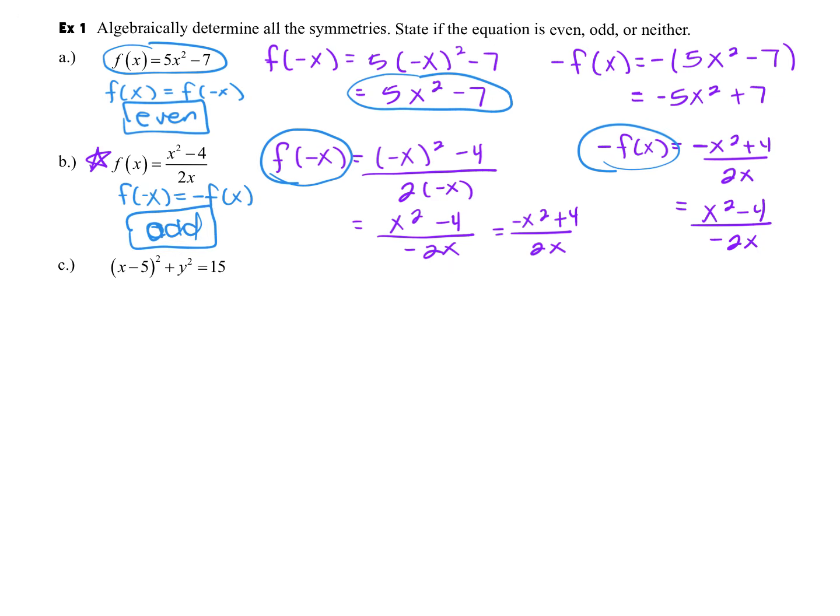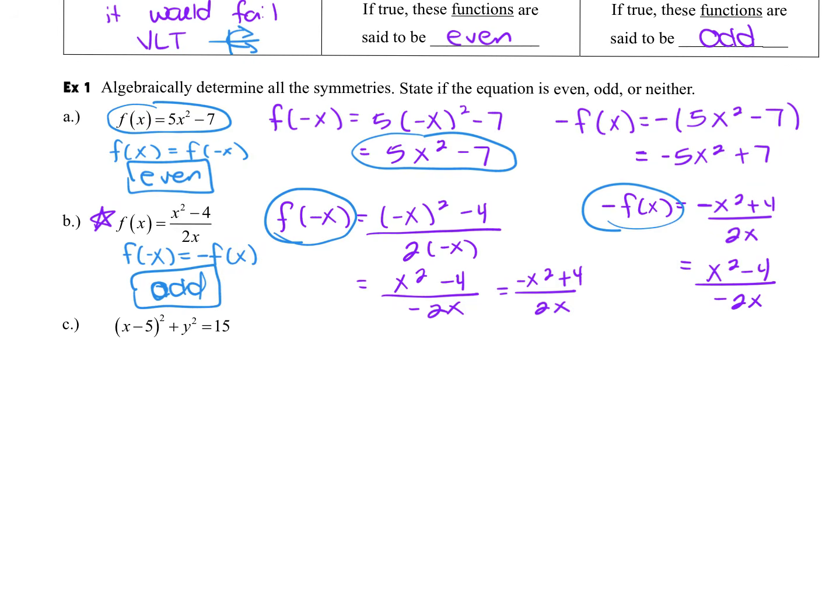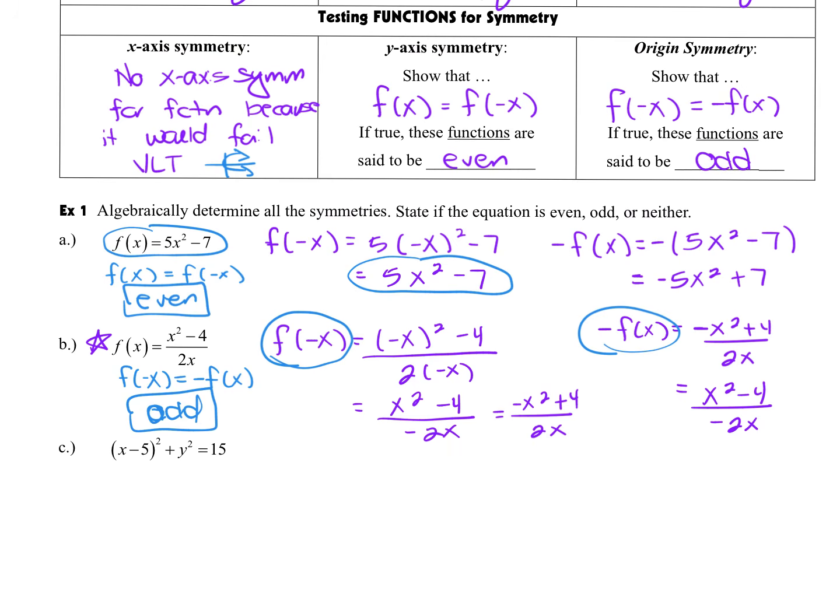Now, I'm going to pause here to remind you, after this video is done, if you enter this equation into Desmos, you will find that because we algebraically found that it's even, it should have y-axis symmetry when you graph it. This one we can even visualize. It's a parabola that's been shifted down.